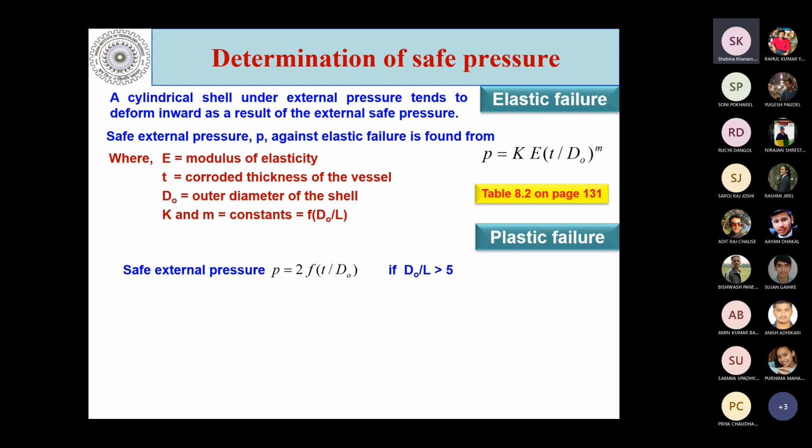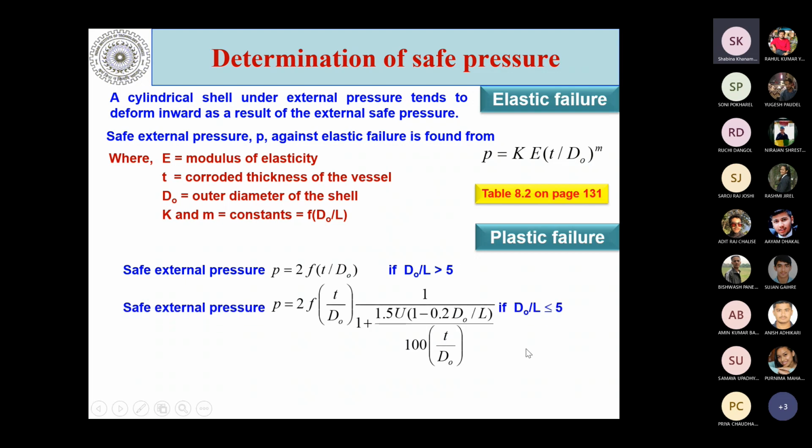F is the allowable stress of the shell, T is the corroded thickness of the shell, and DO is the outer diameter of the shell. This is applicable when DO by L is more than 5. If DO by L is less than 5, we need to consider the safe pressure by this expression, where U is the out of roundness, and the other parameters you are already aware of.